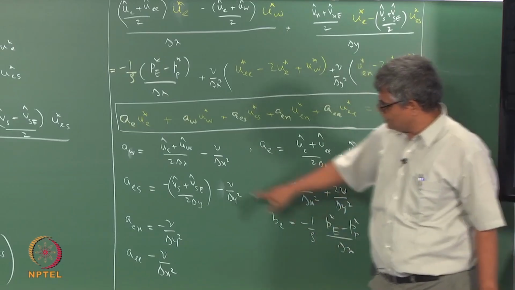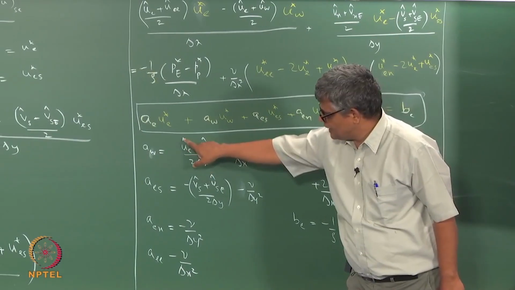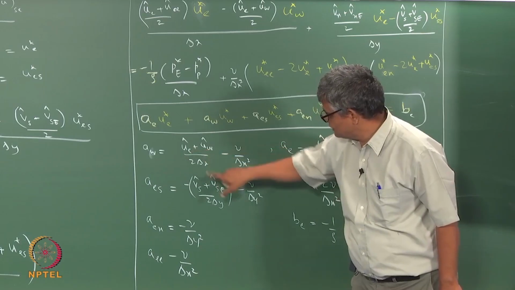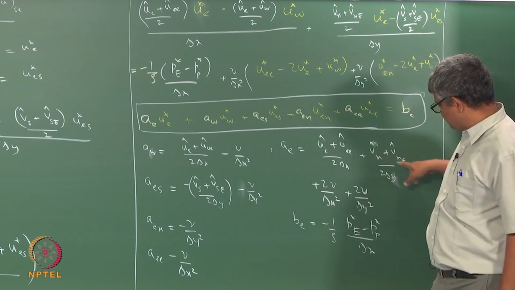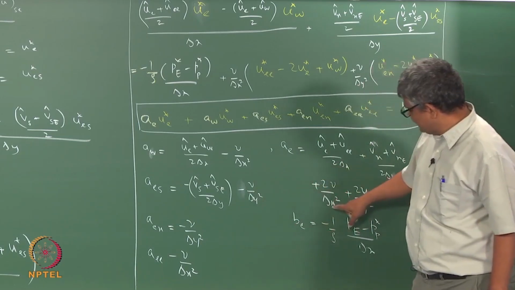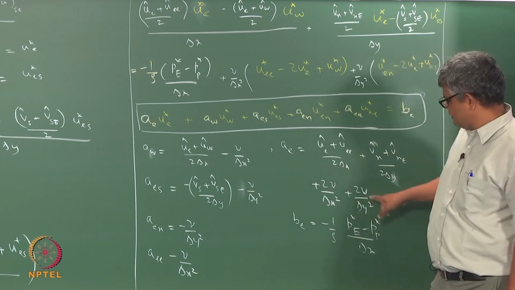and these coefficients are in the form of the values of u at the previous time step at the nodes at which they are evaluated, the values of v at the nodes at which they are evaluated, and geometric constants like delta x square and properties like viscosity.